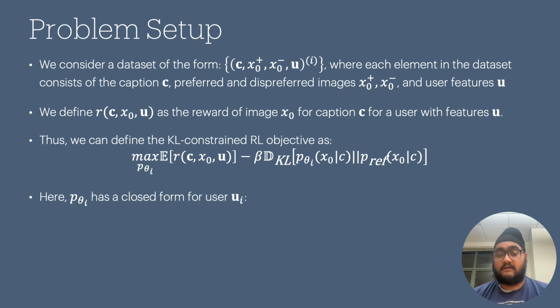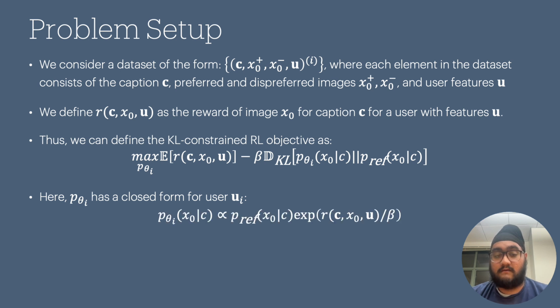Here, our policy has a closed form for a particular user following the DPO objective, where the policy is proportional to the reference policy weighted by the exponentiated reward weighted by temperature.